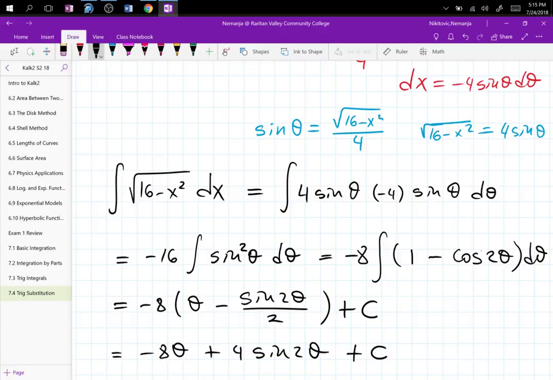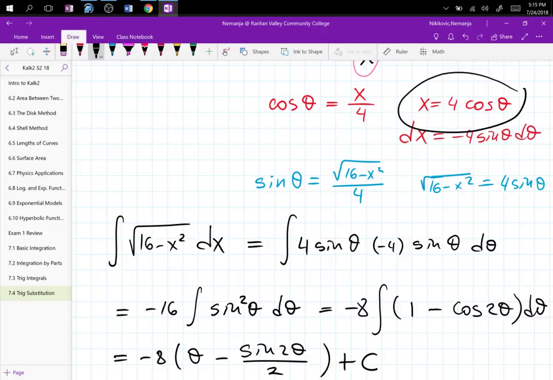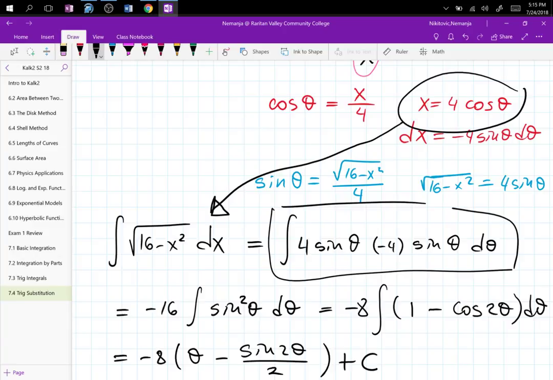Now, how do we go back? If you had memorized the formula, you would use that. That would be placed into here, and with a little bit more work, you will obtain this and you will just go from there.